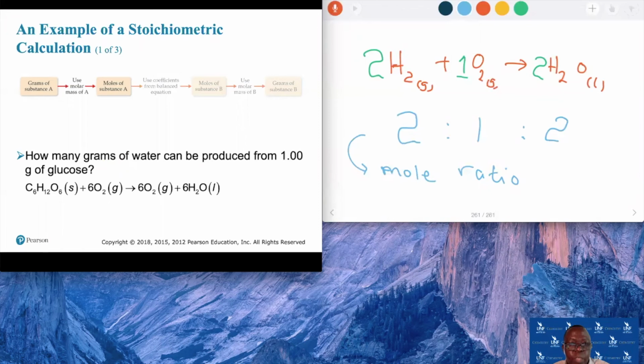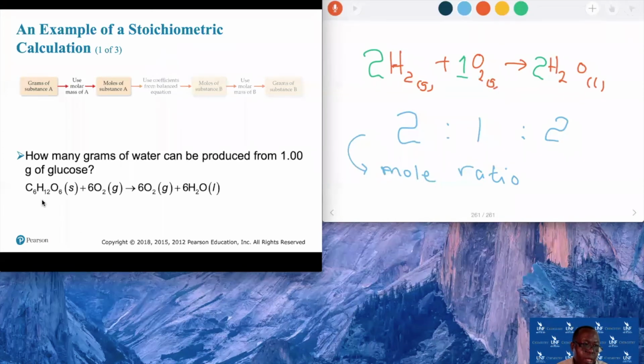This is an equation where glucose is burned, consumed to produce oxygen and liquid H2O. The mole ratio here, let me just annotate this here.